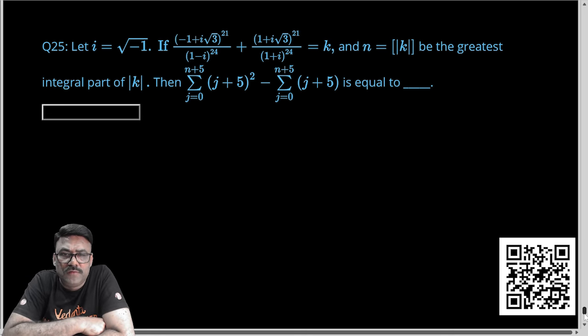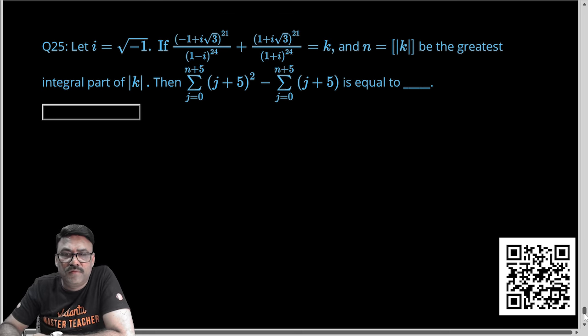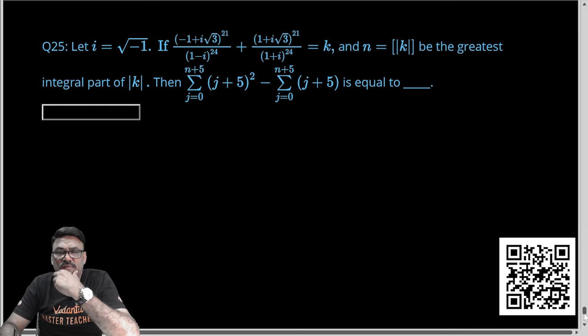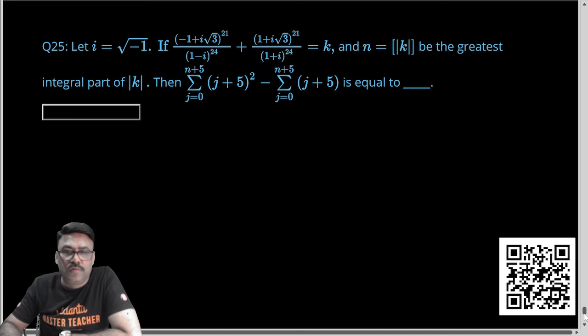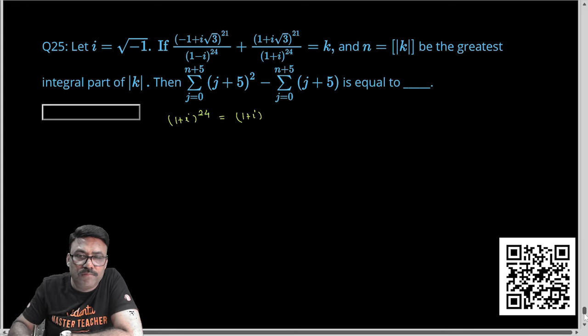Next question is based on complex numbers. So k is this complex number, n is the integral part of mod k, that you have to get this summation. So first understand that 1 plus iota raised to 24 is what?